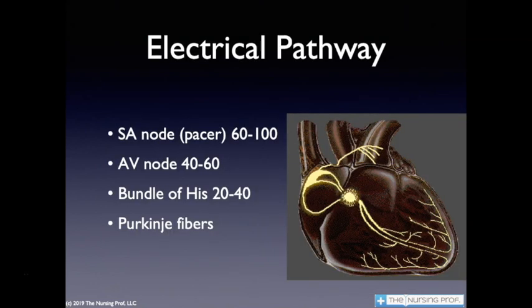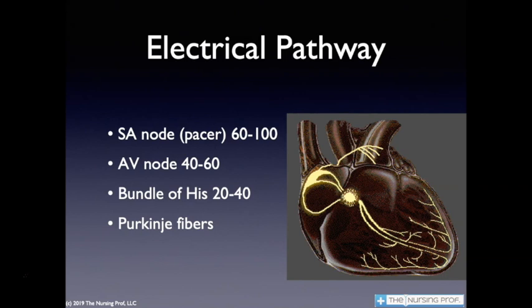Again, we have 3 main pacemakers of the heart. The primary pacemaker is the SA node. We call that the pacemaker of the heart because it is the one that usually takes over. The SA node usually generates the impulse because it's the fastest.